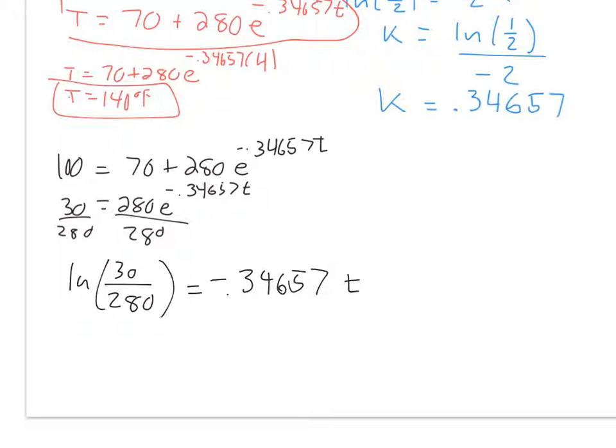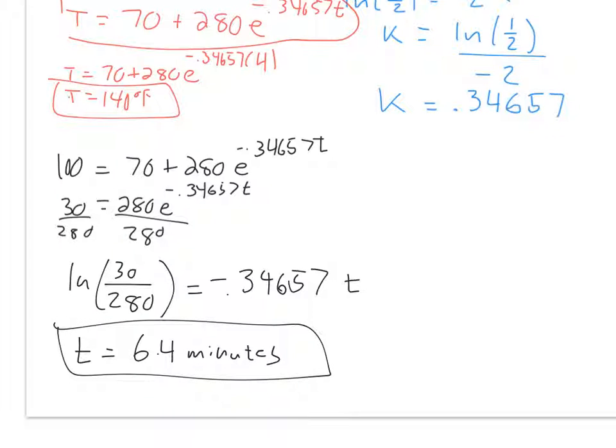And then I just divide. And the natural log here ends up becoming negative because it's a decimal between 0 and 1. And then I already had that constant being negative. So it should end up around 6.4 minutes to get down to 100 degrees.